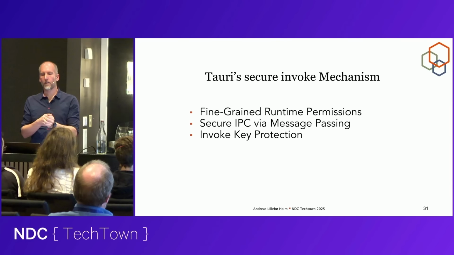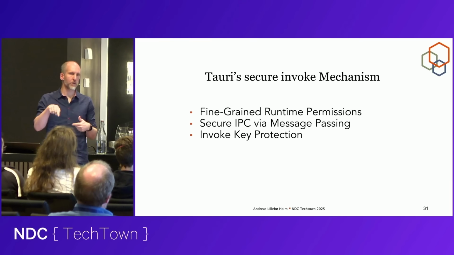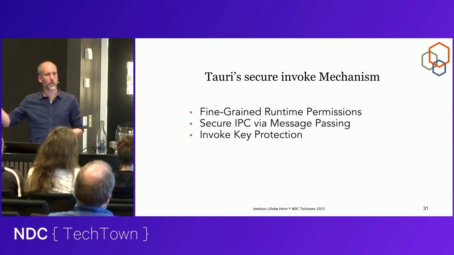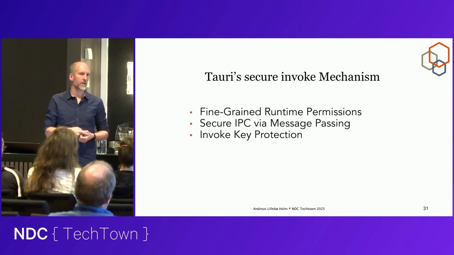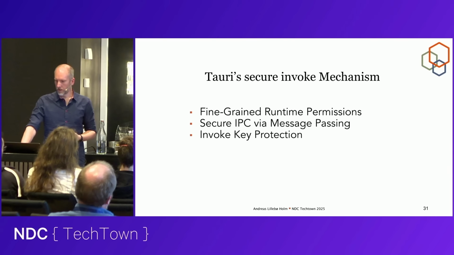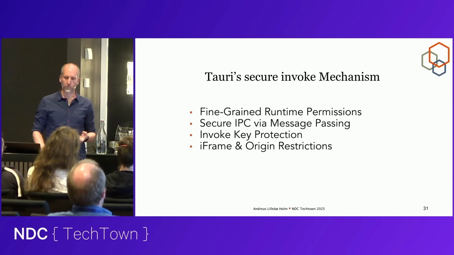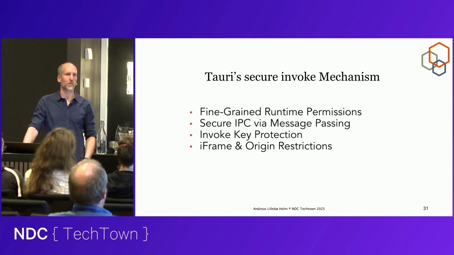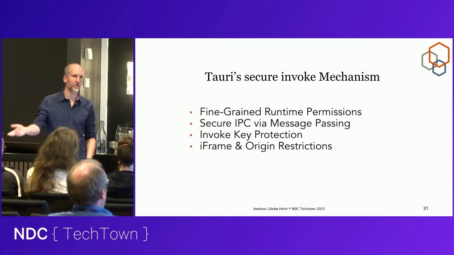If some rogue scripts suddenly come into your application somehow, they are not built with the same invoke key, so they are blocked if they don't have the right access key. It also blocks iframes and other origin restrictions. There's no workaround.